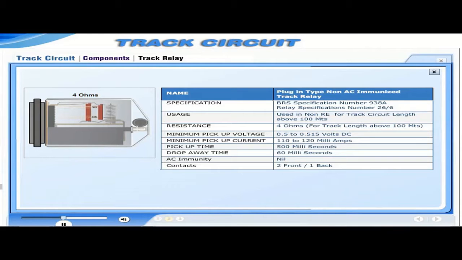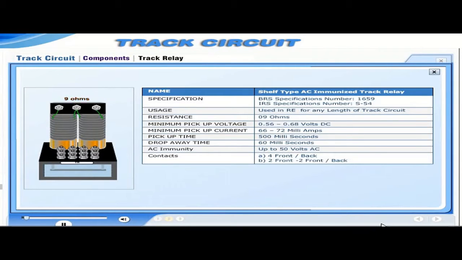Minimum pickup voltage is 0.5 to 0.515 volts DC. Minimum pickup current is 110 to 120 milliamperes. Pickup time is 500 milliseconds and drop away time is 60 milliseconds. AC immunity, nil. Contacts: 2 front or 1 back.